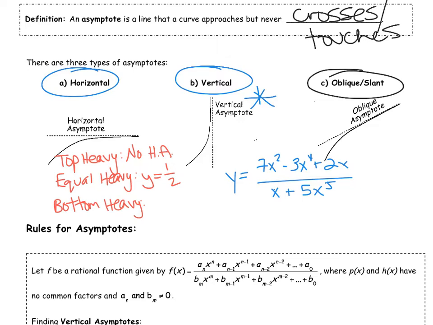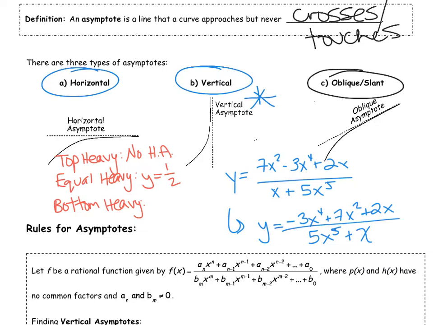Now first, I don't know if you may have noticed this, but this is not written in the correct order. So I need to rearrange this. So this is actually y equals, we have to go from highest exponent to lowest exponent. So this would really be negative 3x to the 4th plus 7x squared plus 2x all over 5x to the 5th plus x.